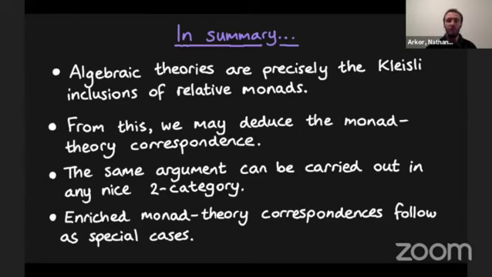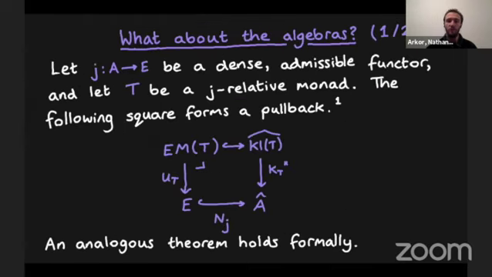I very briefly mentioned how it relates to the categories of models. We have this characterization of the category of algebras for a relative monad in terms of a pullback over the Kleisli category, or presheaves on the Kleisli category. This pullback probably looks quite familiar to anyone who has studied monad-theory correspondences, as a definition of the category of models for various classes of monads. It turns out this is a characterization of the category of algebras for relative monads, and this is how it connects to the correspondence perspective I outlined.